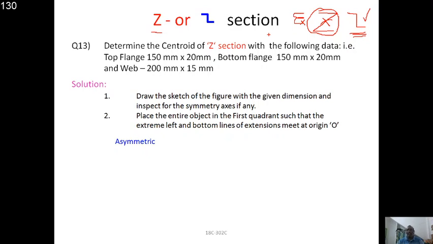So we will take the vertical Z type of sections. There are no slant portions in the alphabetical Z, so we are considering it for easy calculations.